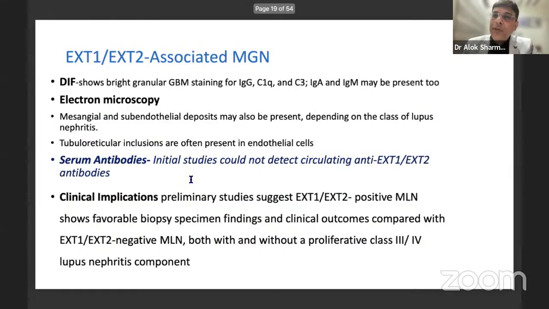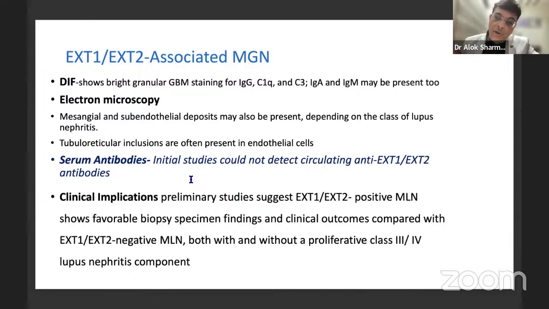Another important thing I should tell everyone at this point is that of the 20-odd membranous antigens we know to date, exostosin 1 and 2 are the only ones in which we have not been able to demonstrate circulating autoantibodies. So maybe our detection systems are not that clear.